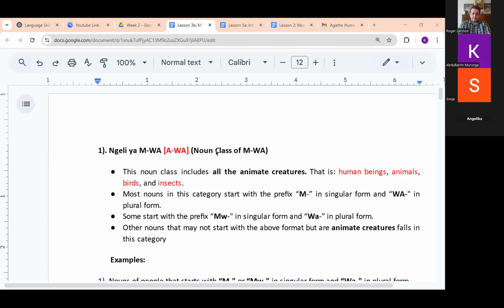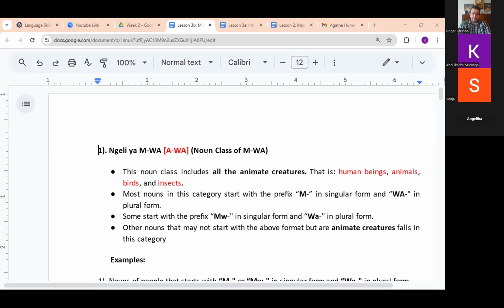So for these groups, why it didn't work is that we might have some exceptions, but for all the people or living animate beings, normally we say wa. But if you say daktari, and you use the marker li, then it will be a little bit strange for people when they hear you speaking like that.